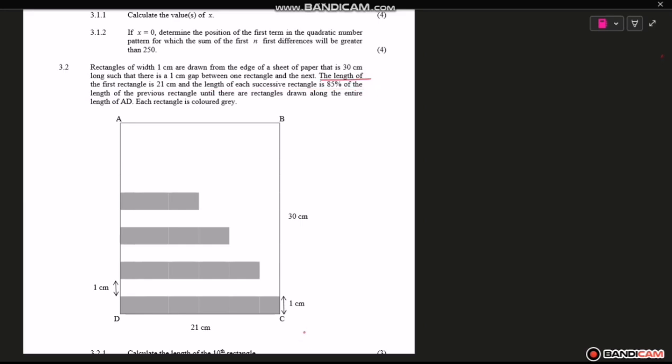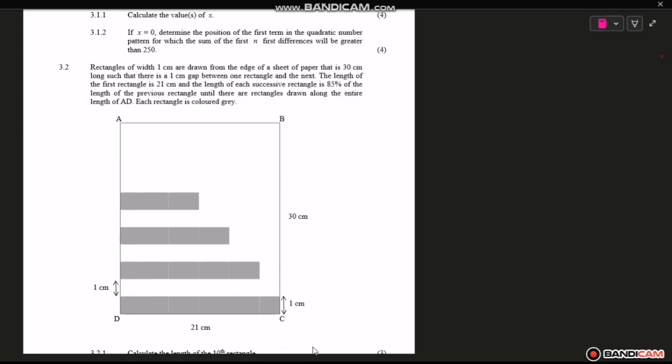So the length of the first rectangle is 21 centimeters. But I think the most important thing before you can actually do this is to understand that they're saying the length of the first rectangle is 21 centimeters, and the length of each successive rectangle is 85% of the length of the previous rectangle.